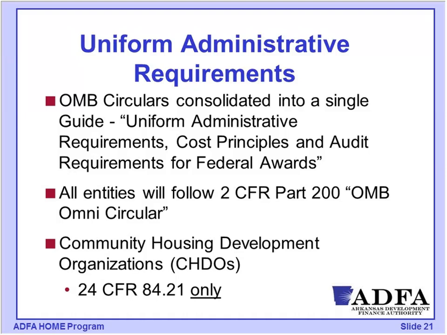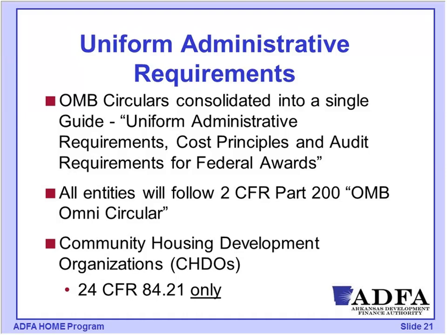One thing to note here, and we'll talk further when we get into a later module, is community housing development organizations. CHDOs is what we are calling them, and they're sort of a set-aside within the HOME program. If I'm funding a CHDO, they are not considered to be a state recipient or subrecipient, so they don't fall under all of the 2 CFR Part 200 requirements.